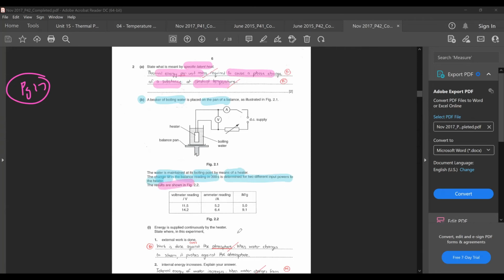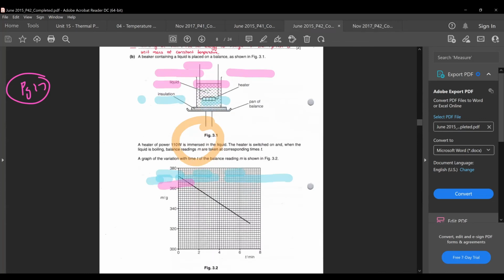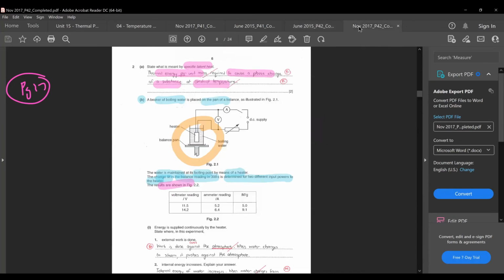Okay. Now, if you look at this figure, it is actually the same as the previous question that you just did. Both are still talking about boiling some sort of liquid off, and then the liquid is placed on top of some sort of balance. The only difference now is that they show how the liquid was heated in the first place.